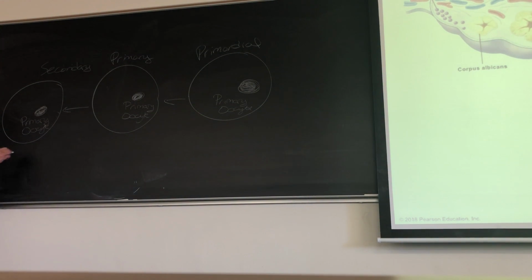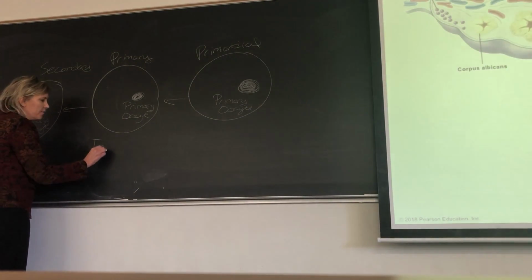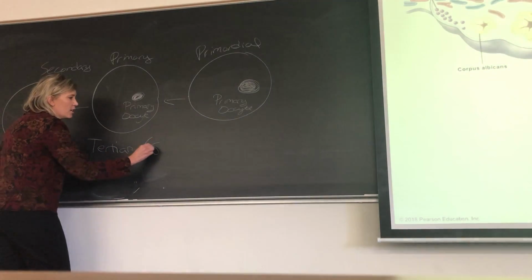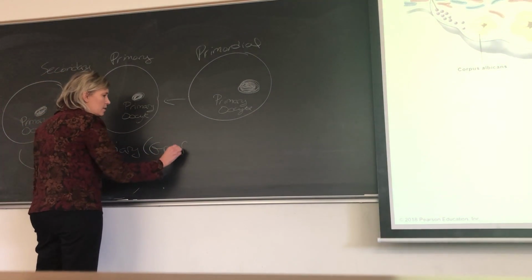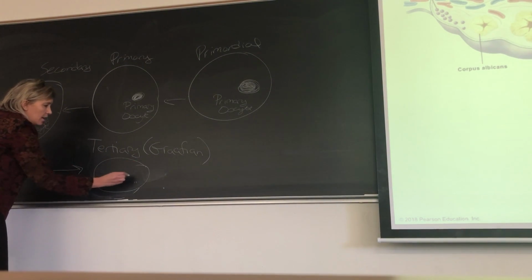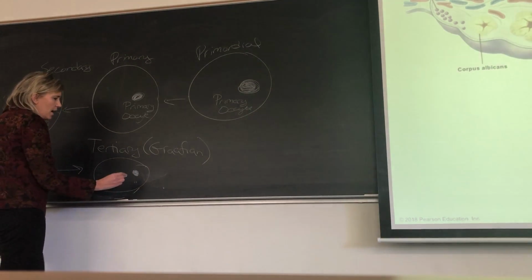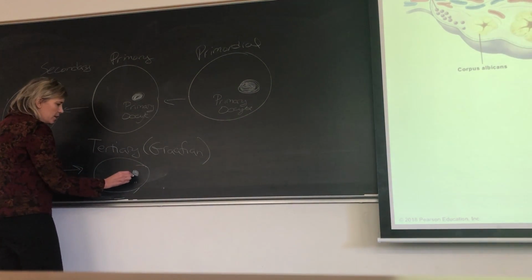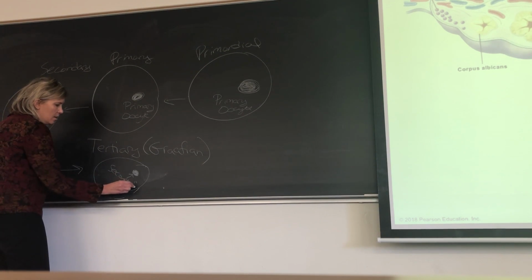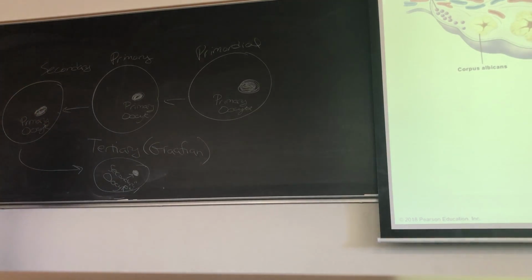The secondary follicle develops into a tertiary follicle, otherwise known as a Graafian follicle. And now we've finally completed meiosis 1, and now we have a secondary oocyte.